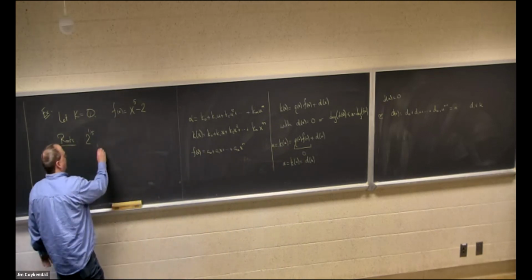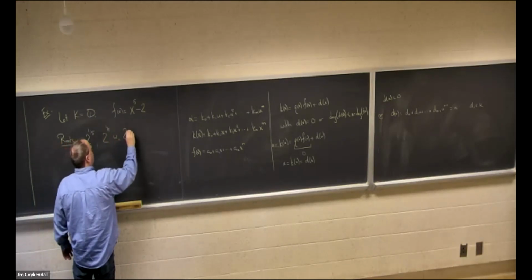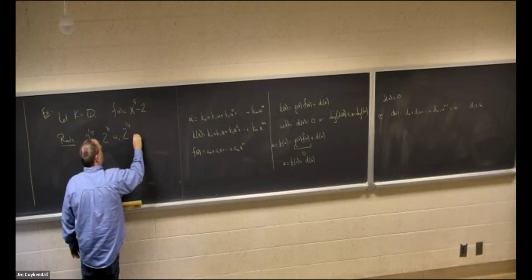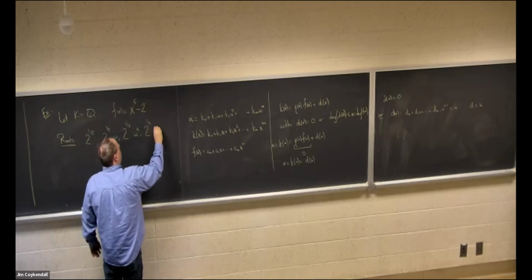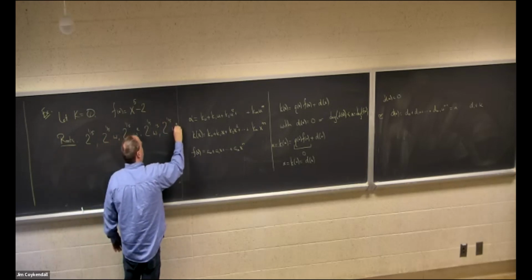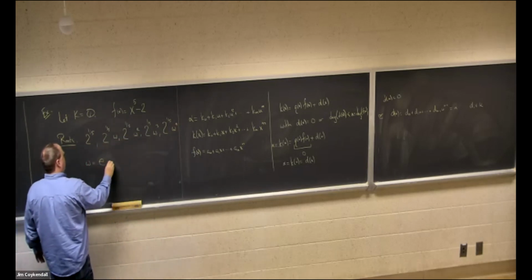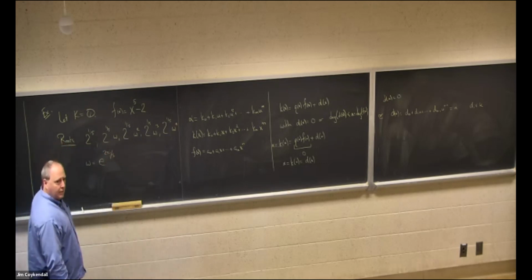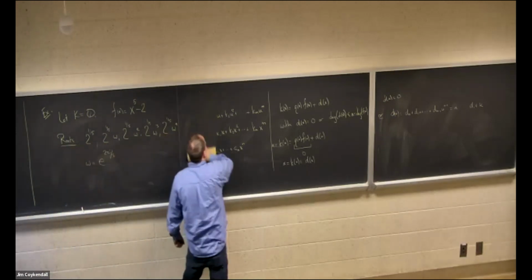I'm going to write the other 4 down: 2^(1/5) omega, 2^(1/5) omega squared, 2^(1/5) omega cubed, 2^(1/5) omega to the 4th, where omega is e^(2 pi i/5). These are the 4 complex roots.